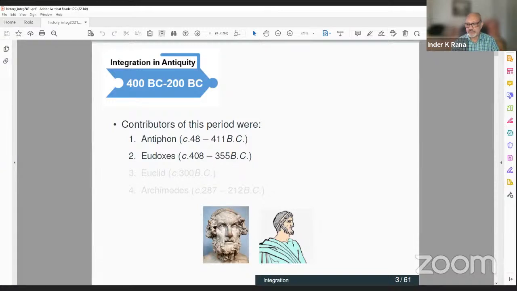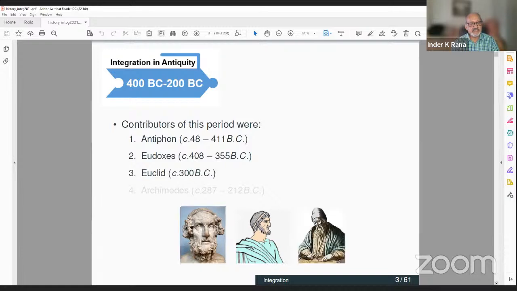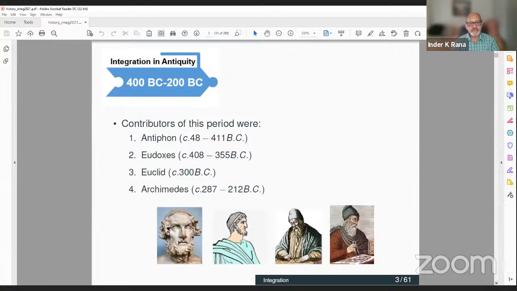Euclid, whose exact era is not known, so approximately 300 years before Christ. And then Archimedes, from 287 to 212. These are the 4 main contributors I have selected to say something about.